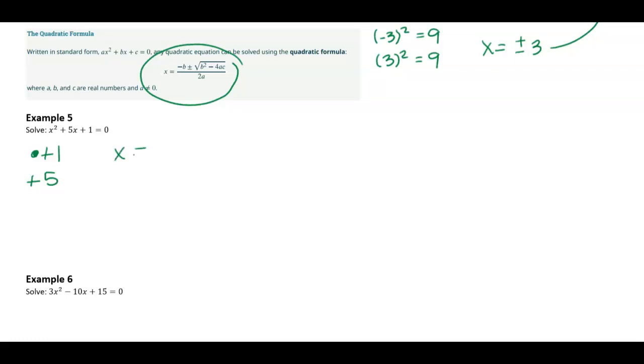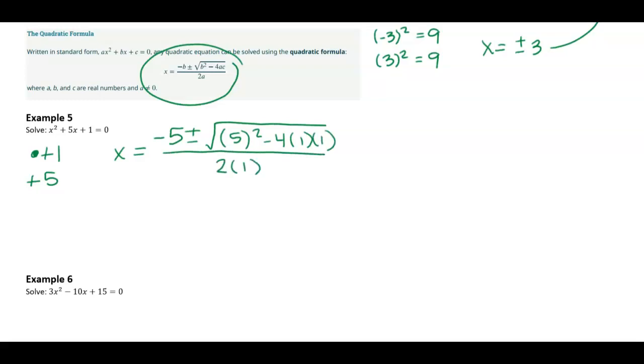I say x is equal to negative b plus or minus the square root of b squared minus 4 times a times c all over 2 times a.